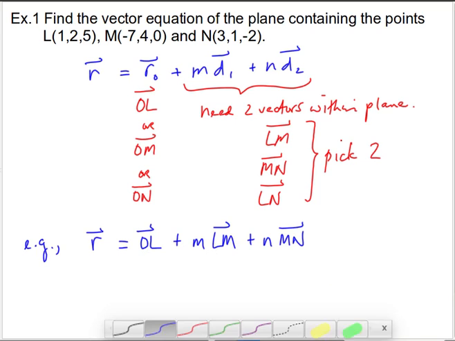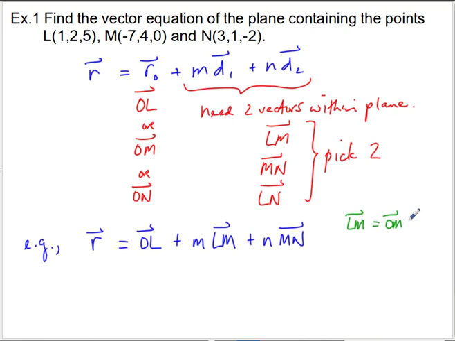So maybe off to the side you might want to make a note of the fact that the vector LM is equal to OM minus OL. And if we do OM minus OL, that's going to give us the vector M minus L. That's going to give us a negative 8, and 4 minus 2 gives us 2, and 0 minus 5 gives us negative 5.